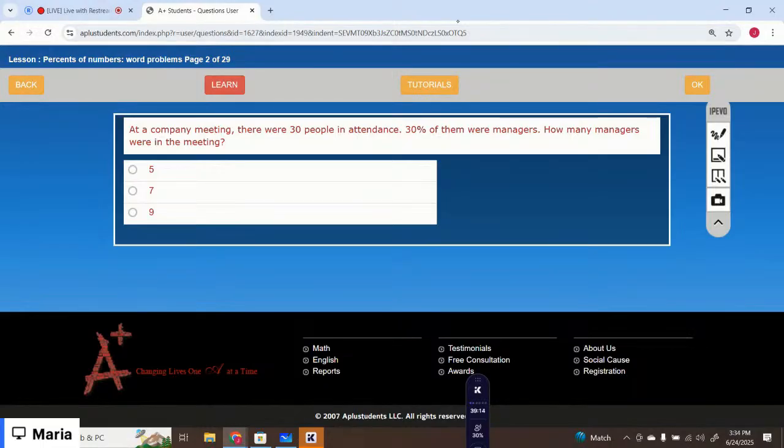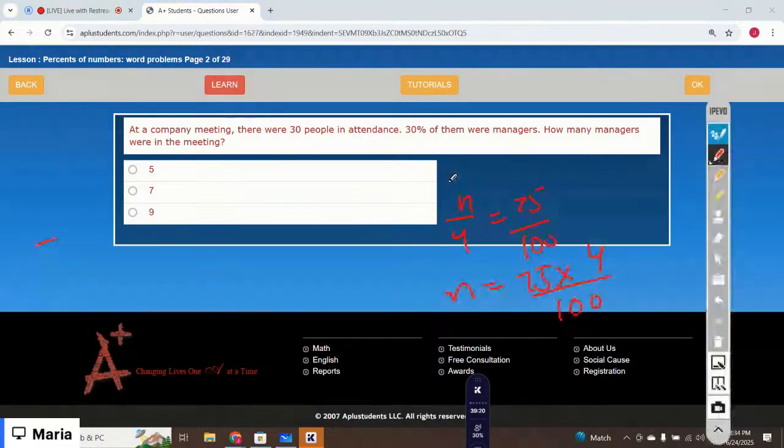So that is how many managers were involved. That is n divided by 30 equals 30 divided by 100.